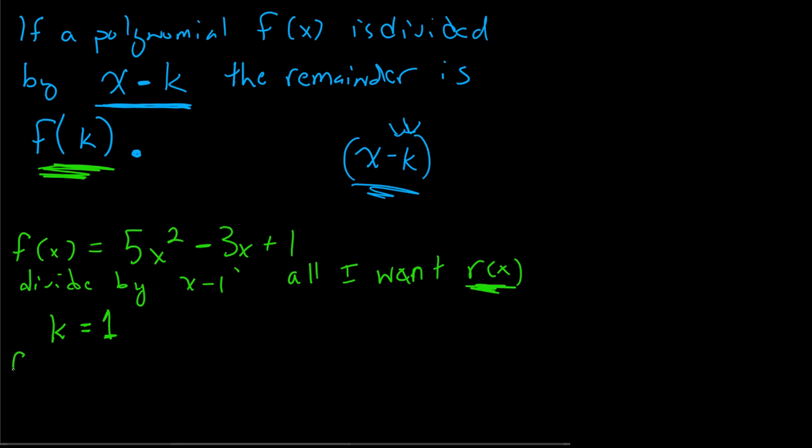So, to find the remainder, I'm going to want the function of 1. So I'm going to put in, for each of my x's that aren't in Texas, 1.